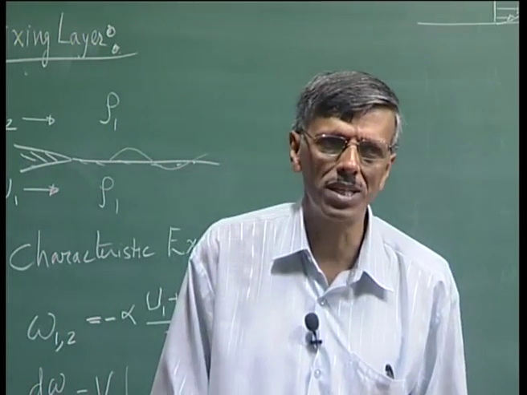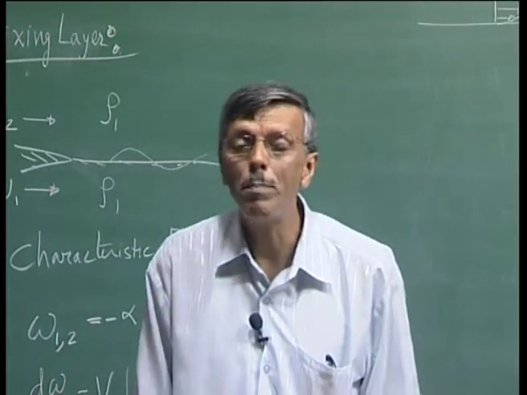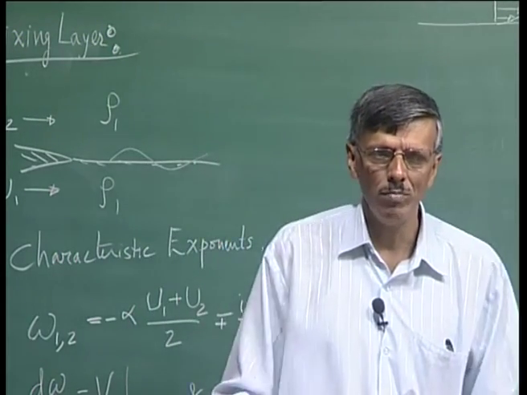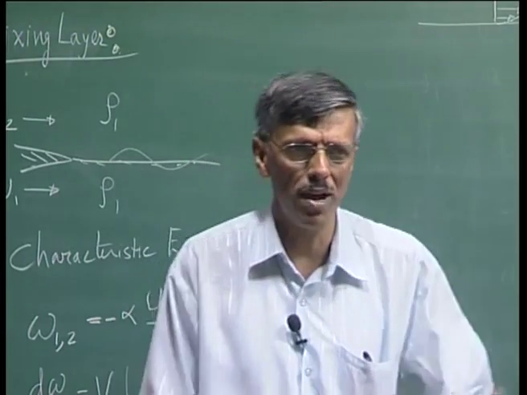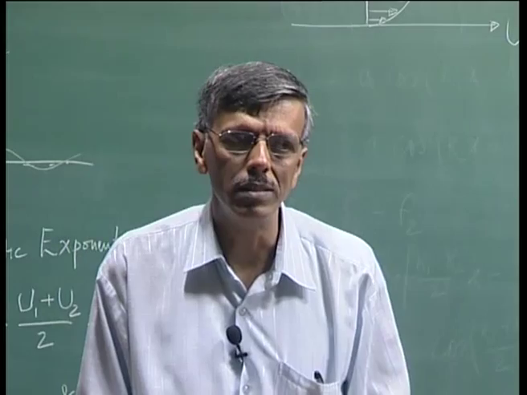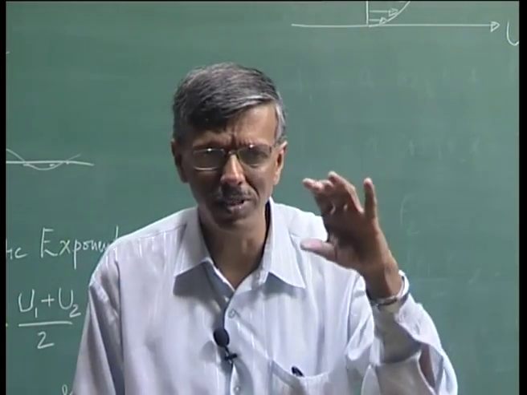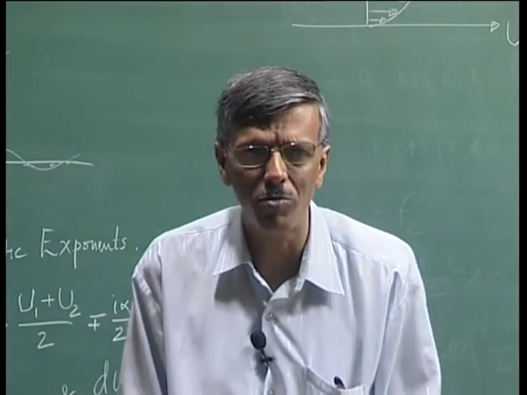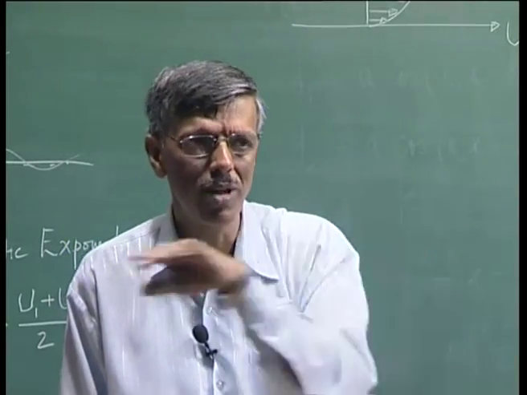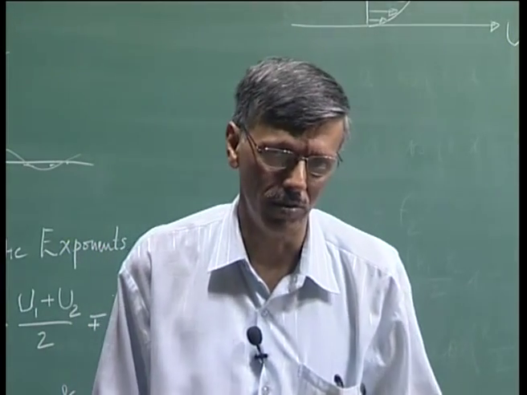So, what kind of flow is that? That sort of flow is called a parallel flow. Why? Because everywhere it is the same. If I try to think of a streamline, for the same height at two different stations, it will be the same value, because it is only a function of y. So, the streamlines happen to be parallel. That is why it is called a parallel flow.